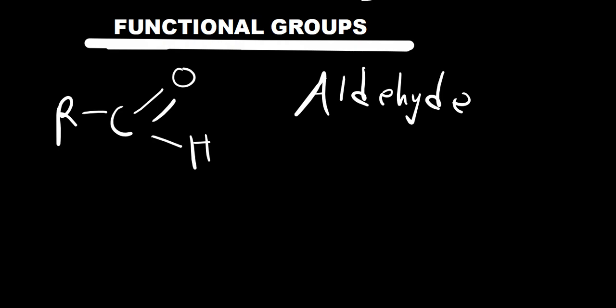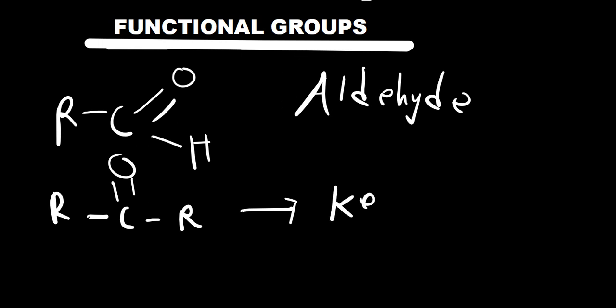Then we've got another molecule. Let's say we've got R. This R is bonded to carbon, and carbon is bonded to another molecule. Then there's a double bond between carbon and oxygen. This functional group is called a ketone.